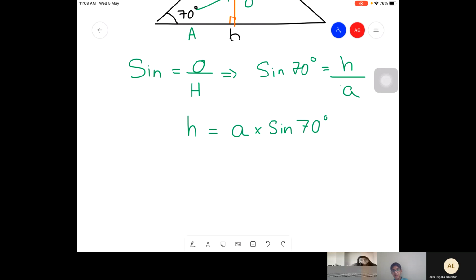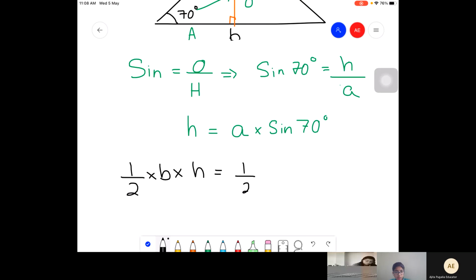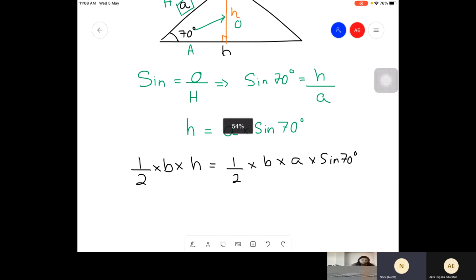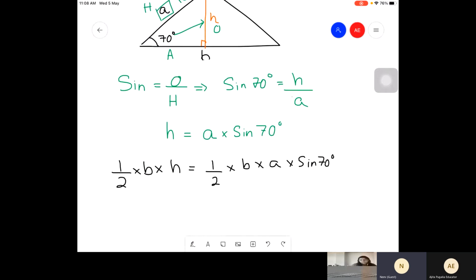Once I get the height, I can now use the half into base into height formula. Okay, h equals a times sine 70.